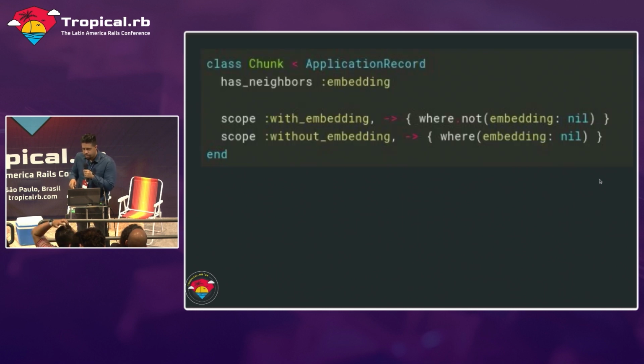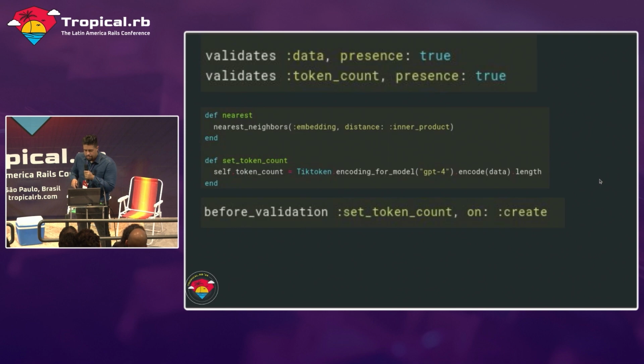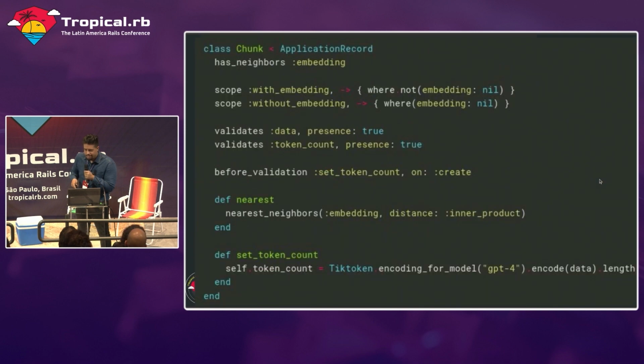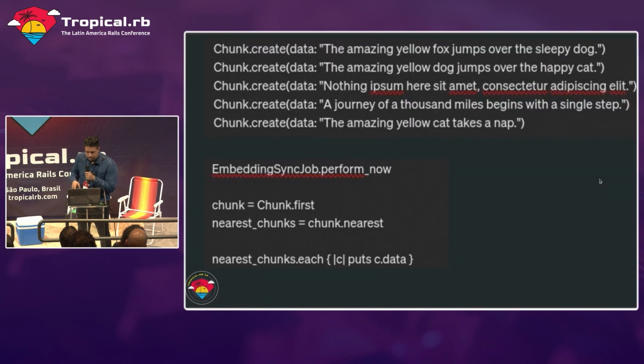Now this is the configuration related to neighbor and OpenAI, okay? This part. And the last one, I'm about to finish, is the last information in order to finish the presentation.